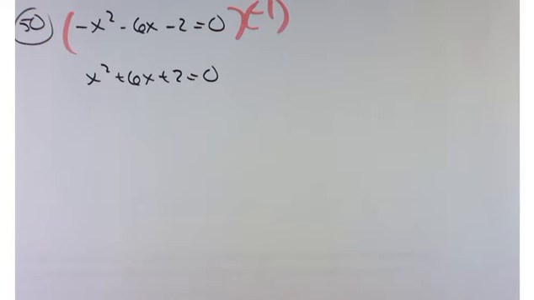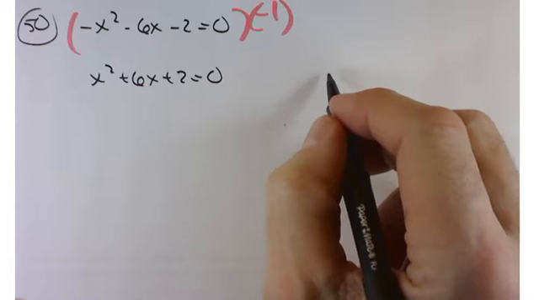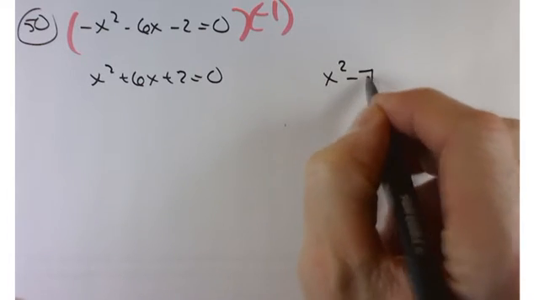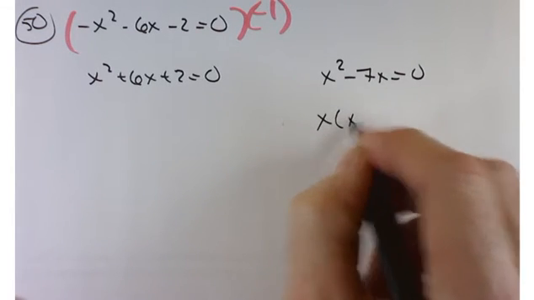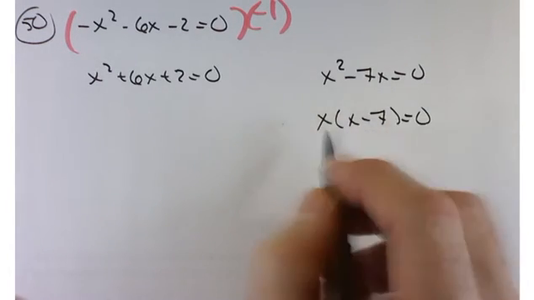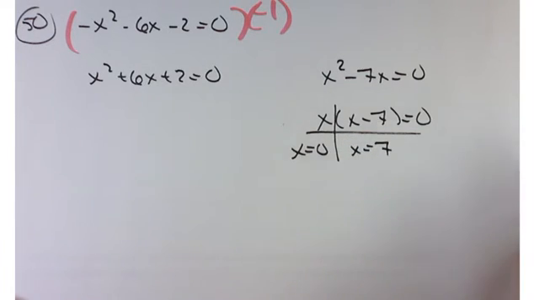Yes, sir? So the formula is going to work always. The quadratic formula always works. If you wanted to use it to solve every single problem, you could. You can even use it to solve problems like this: x squared minus 7x equals 0. Now, I hope you don't solve it with the quadratic formula, but you could. What you should do is say, all right, that's x times (x minus 7) equals 0. x equals 0 or x equals 7.